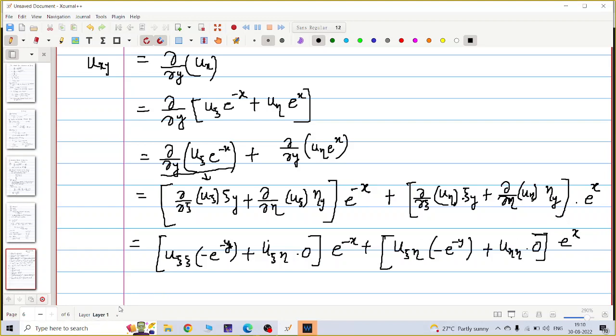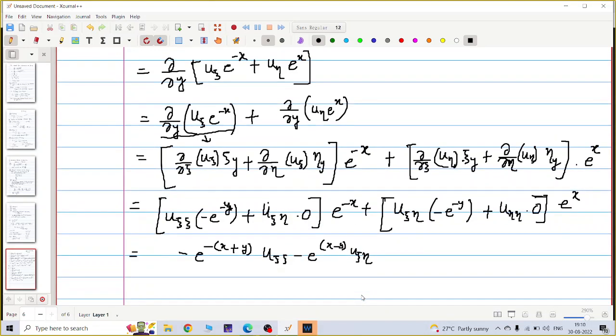Any question? So I am multiplying with e power minus x and I will get it like this. You understand?